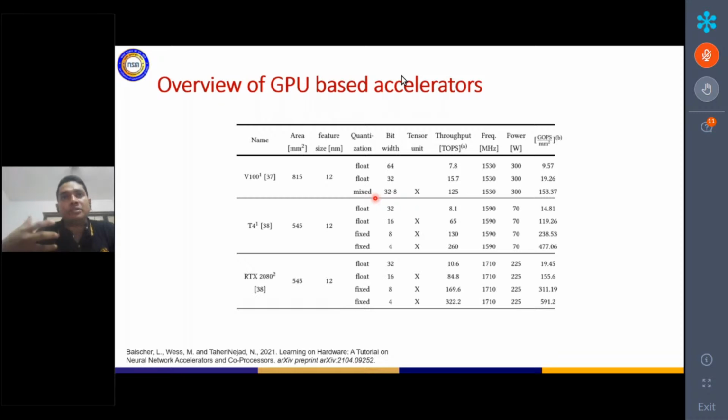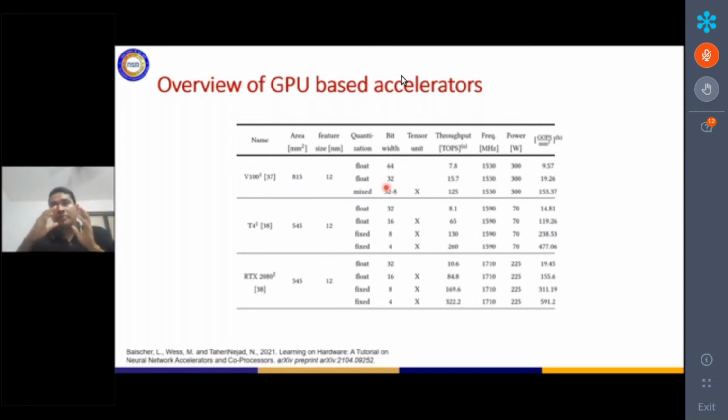Mixed precision means in the whole computation engine you can have 8 to 32 bits of multiply and accumulate. And with full precision, full meaning double precision, you can see the GOPS, and one order of magnitude more performance density in 32 bit, and even more if you go for mixed precision.